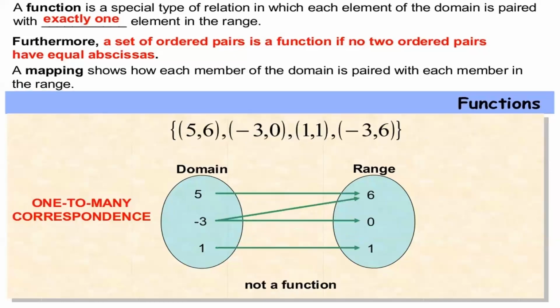So now let's proceed to another example. Our set of ordered pairs is (5, 6), (-3, 0), (1, 1), and (-3, 6). Okay. So again, list down all the domain, or the x. We have 5, -3, 1, and -3.